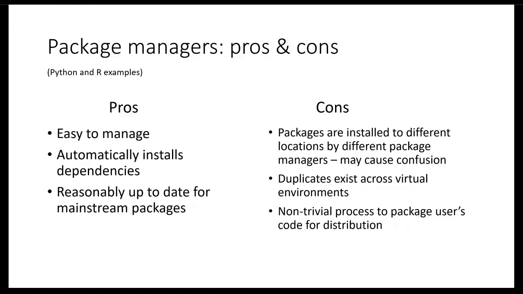Third, it is a non-trivial process to package a user's program for distribution. Each of the different package management systems uses a different mechanism to package the user program for distribution. Of course, like I said earlier, some of these are caused by historical reasons. It is not somebody's fault.